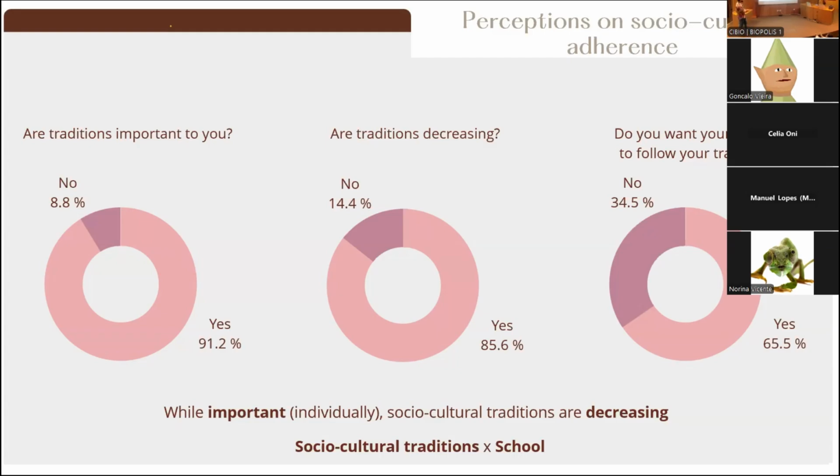This is because there is a dichotomy between going to school and staying on the traditional system. There is a very strong will of people that their children go to school, and that, in their own personal view, makes it difficult to counterbalance that with staying on the social cultural traditional system.